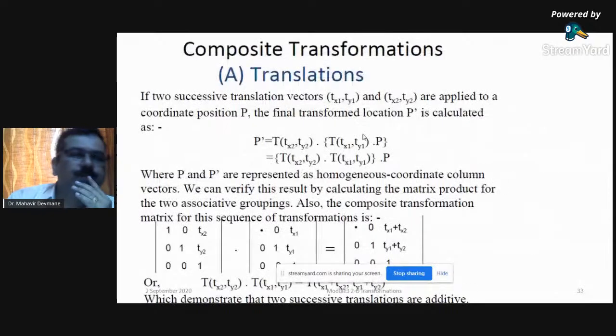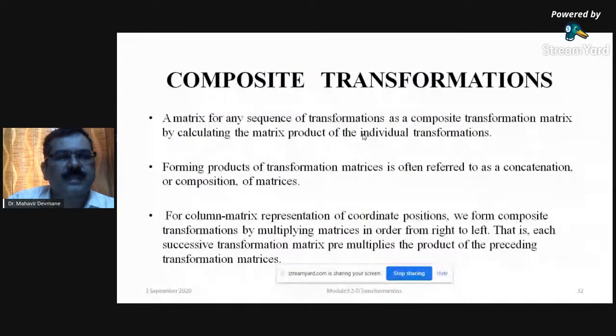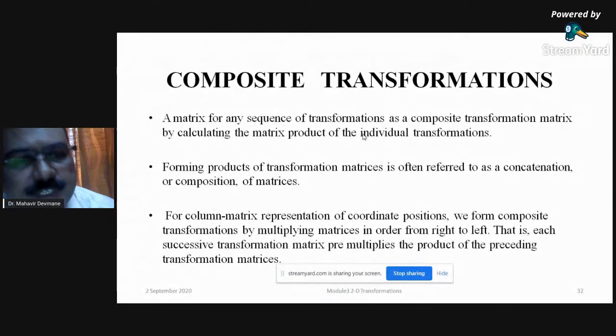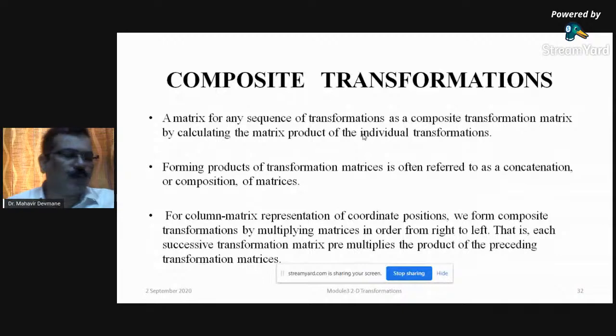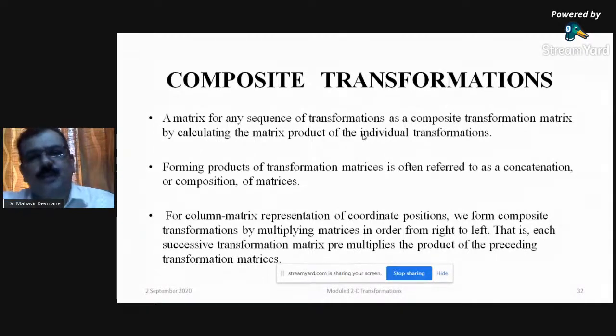After that we'll come to the composite transformations. A composite transformation is a sequence of transformations. Normally I perform one operation, like a translation of the object, and I stop.